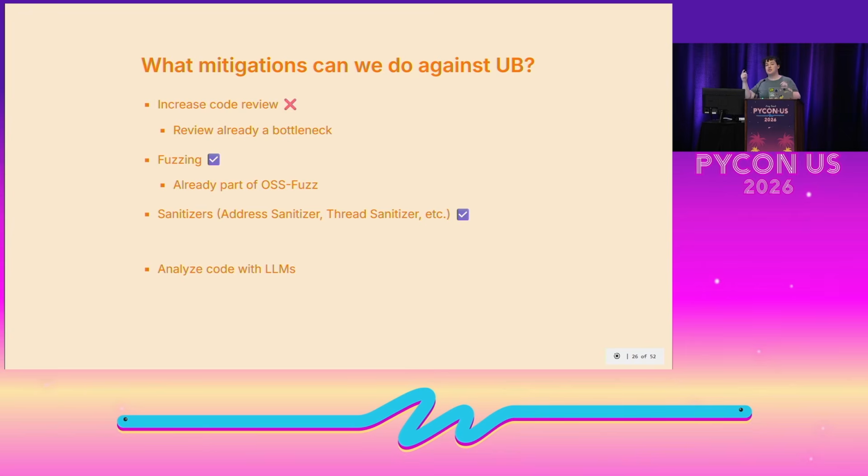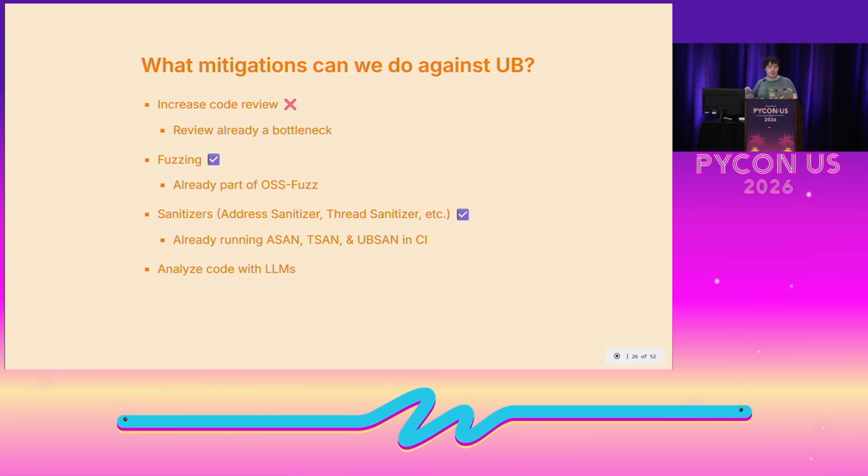And these basically check your C code and insert runtime checks to see, are you doing a use after free? Is there a data race in your code, et cetera? And so we already run address sanitizer, thread sanitizer, and undefined behavior sanitizer in CI for every commit to catch these.